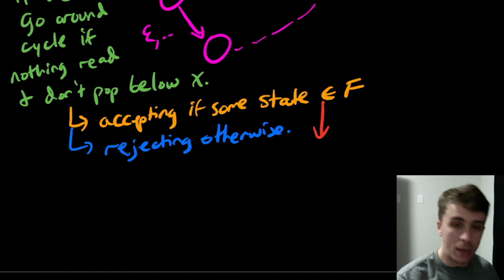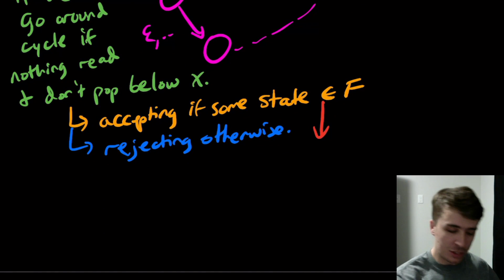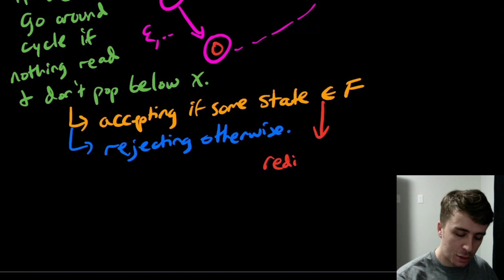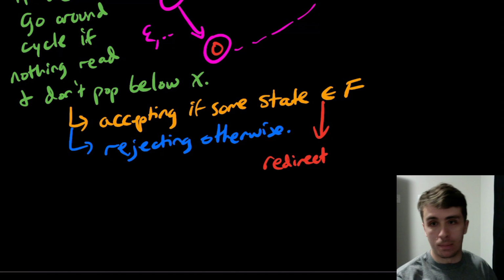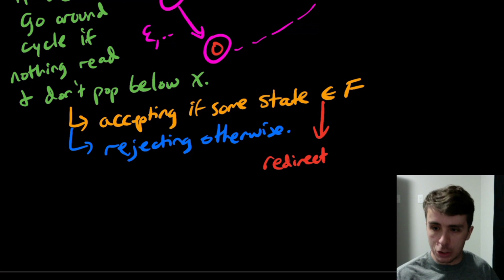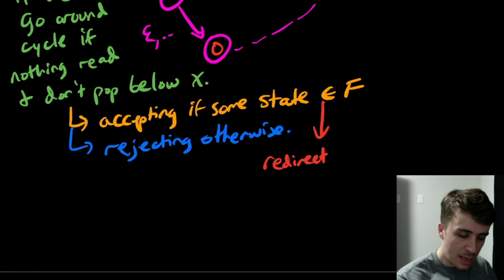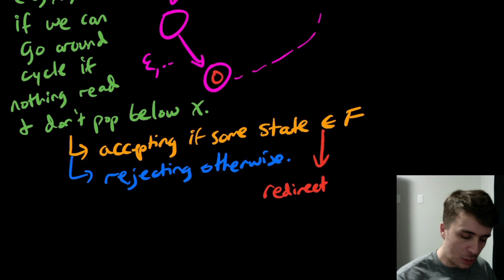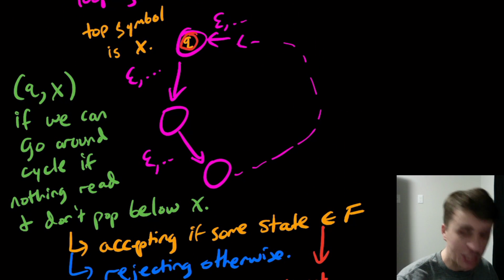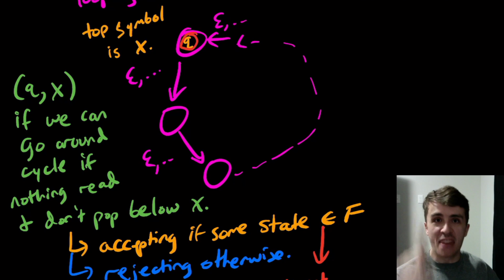In this one, where some state was a final state, let's say this one, then what we'll do is redirect a transition. Actually, I should designate it to be this state right here, because we're talking about that state and that symbol.